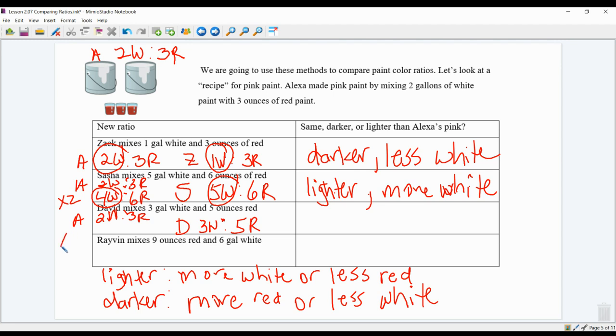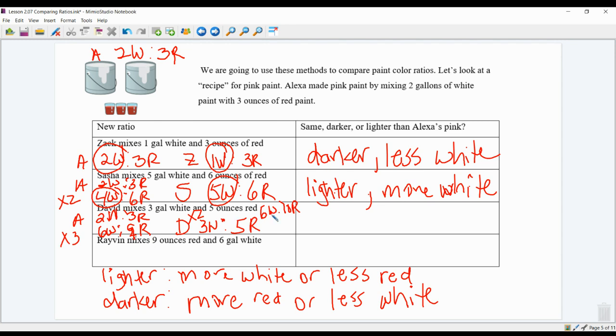So I can multiply Alexa's by 3. So she would make 6 whites, mix 6 whites with 9 red. And then David, I could double his, multiply it by 2. So his mix is now 6 white and 10 red, right? Because I just doubled his mix.